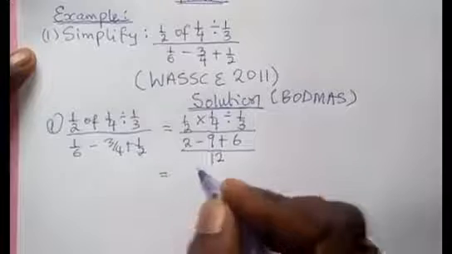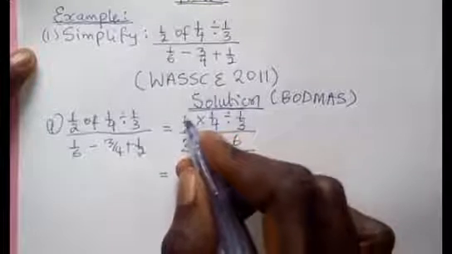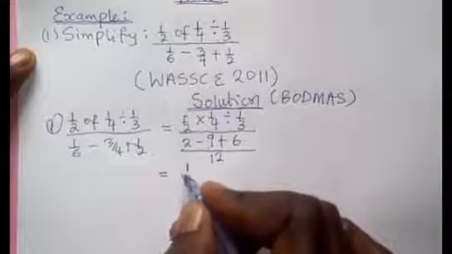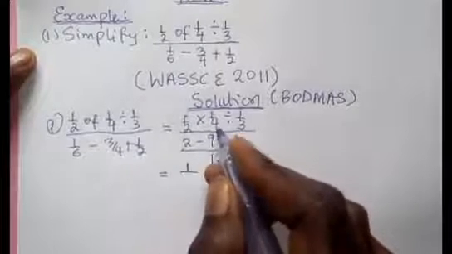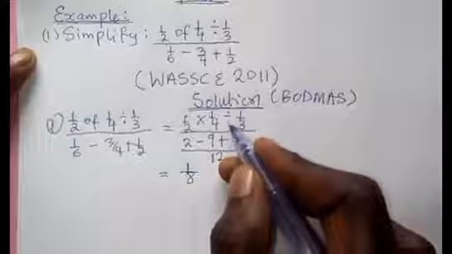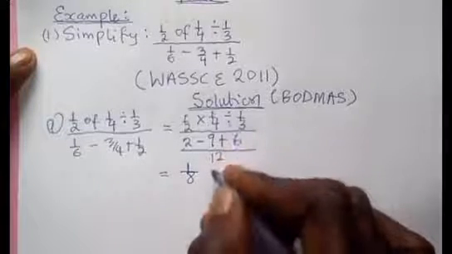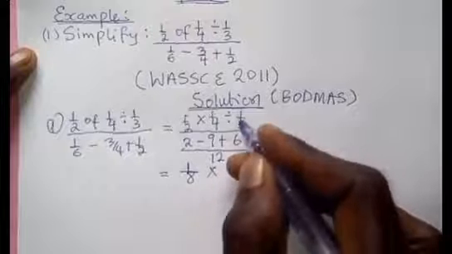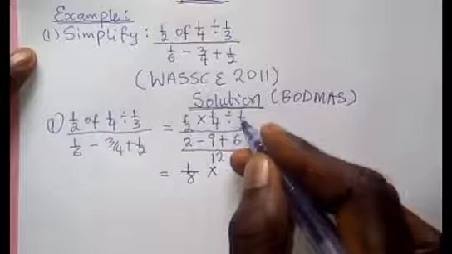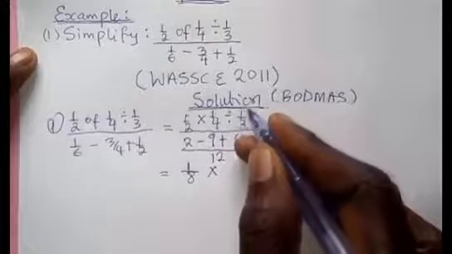Now, in the next step, we are going to simplify this by saying in the numerator, 1 times 1 gives us 1, upon 2 times 4, which will give us 8. Then what we'll do next is that this division sign, we'll change it to multiplication. And whenever you change division to multiplication, you are going to reciprocate whatsoever you see here.